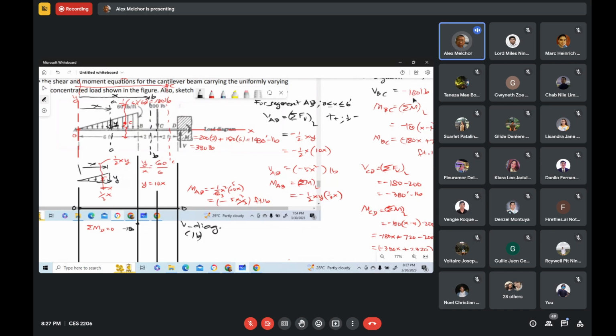We have here negative 180, so this will be minus 180 here. Now what about the shear to the right of section C? That is within segment CD. So to the right, you use this, negative 380. Oh, that should not be foot-pounds, so that should be pounds only.